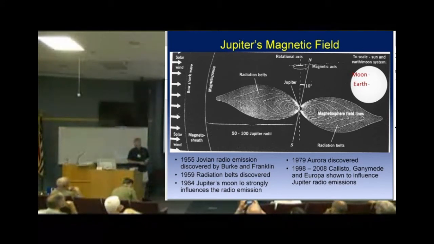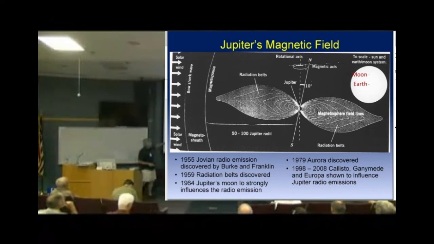Again, all to scale, so you can get an idea that the magnetosphere would be 4 times the diameter of the Sun. And the whole thing is tilted 10 degrees, right? Its magnetic axis is tilted about 10 degrees off its rotational axis.